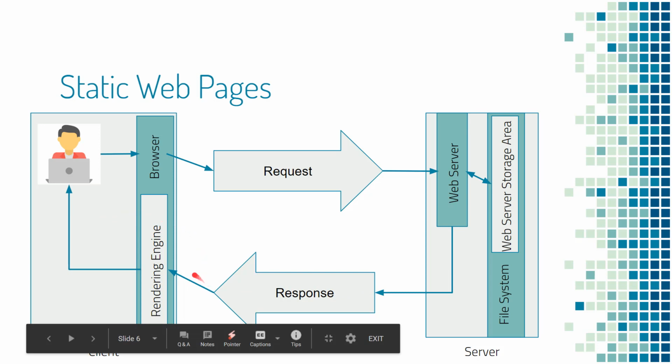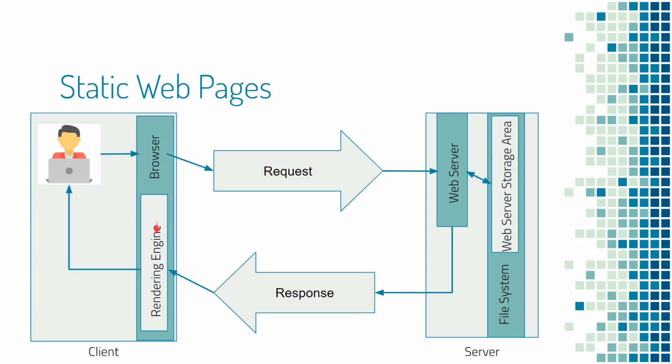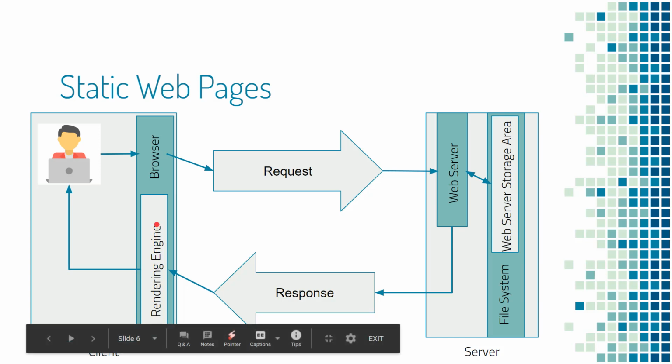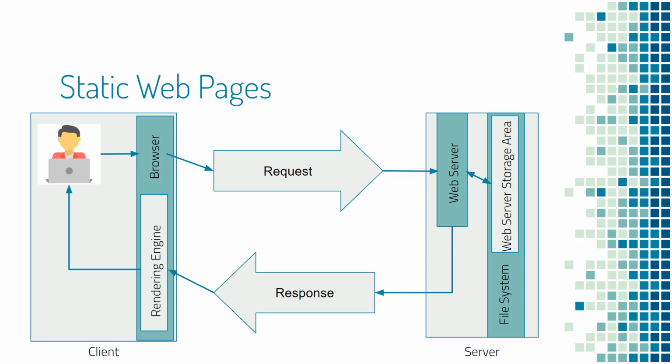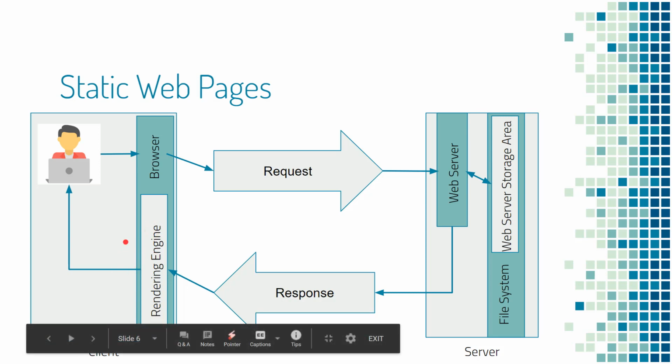Once the response comes to the client, there is a rendering engine, which is a built-in engine in the browser. It acts as an interpreter, or let's say a compiler, combining the HTML and CSS, compiling all the front-end or client-side technologies. It renders them and then shows them in the browser to the user.